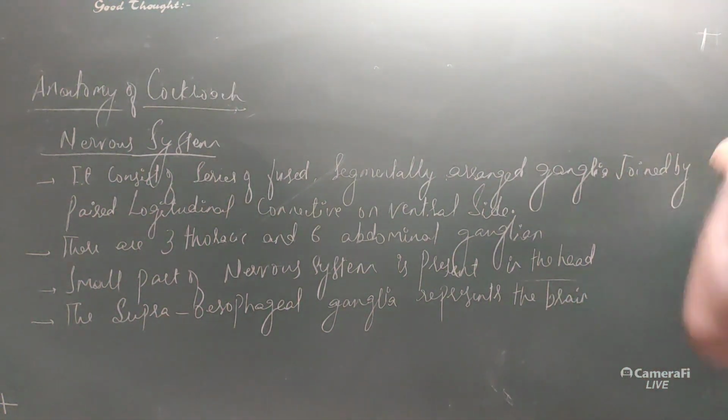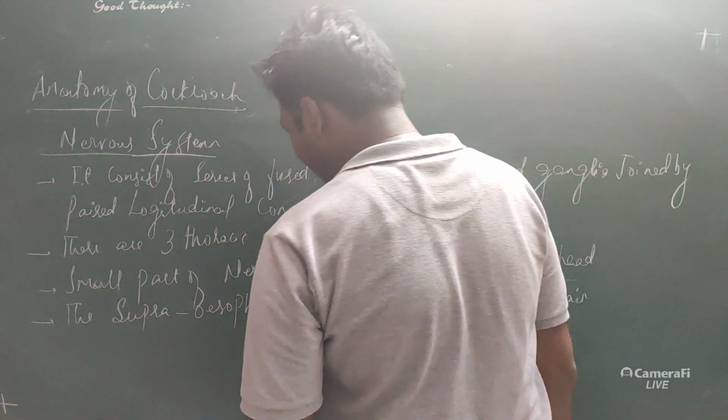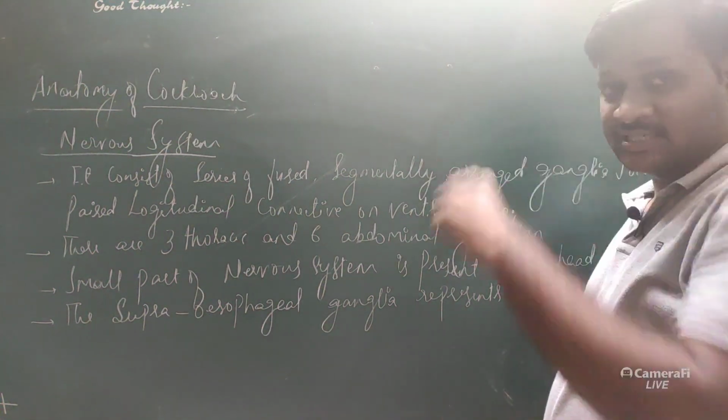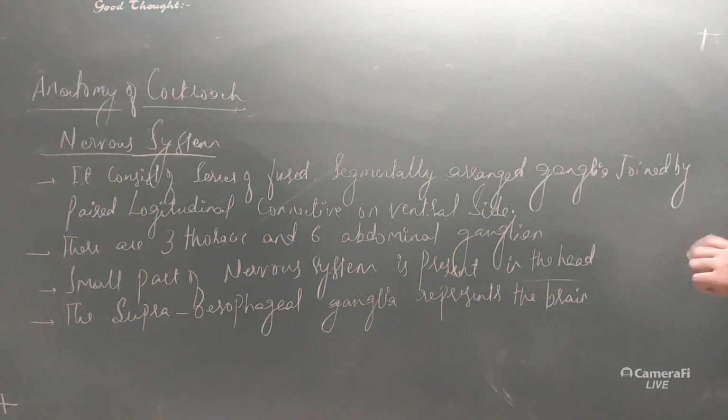Okay, so the supraesophageal ganglia is representing the brain in case of cockroach. So this is what we have about the nervous system in case of cockroach. You can pause the video and note down the points.